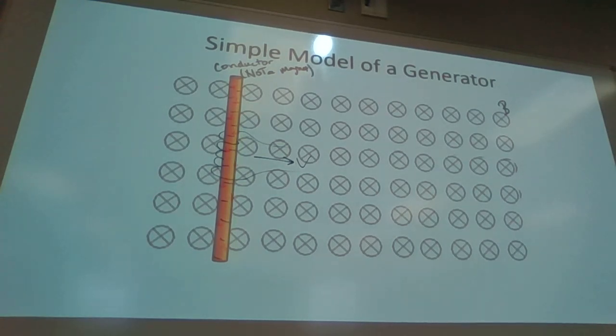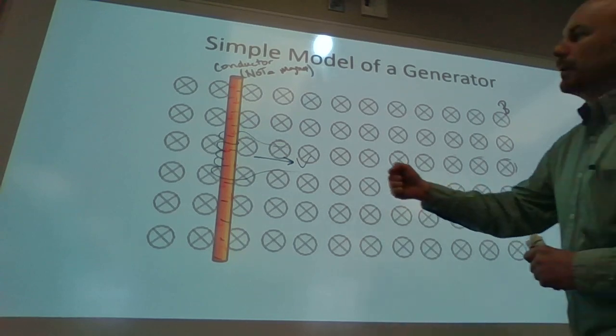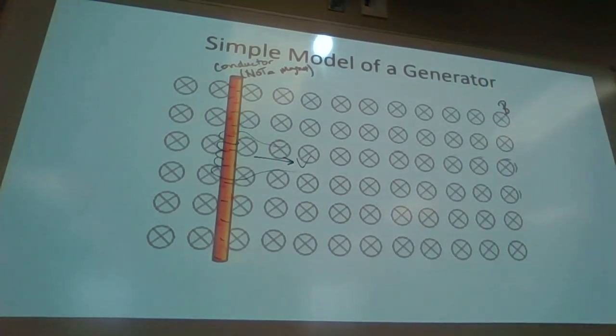Good with that? Now, which ones are free to move? Electrons. Which way are electrons going to be forced because they're now moving in a magnetic field? Show your neighbor. Which way are electrons going to be forced?